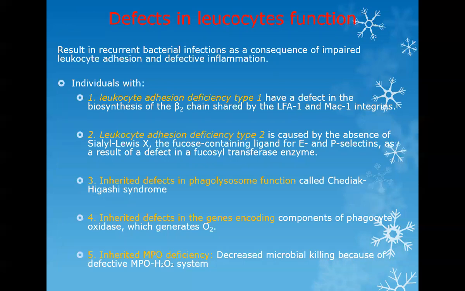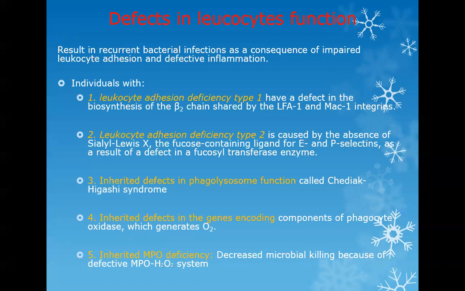There will be no rolling. And when there is no rolling, what will happen? No chemokines. There will be no activation, for example, of integrin in a low affinity state, because there is no rolling, it is not coming down. So there will be no attachment of the chemokine. And if it is not attached, what will happen? It will not stick to the endothelial cells.